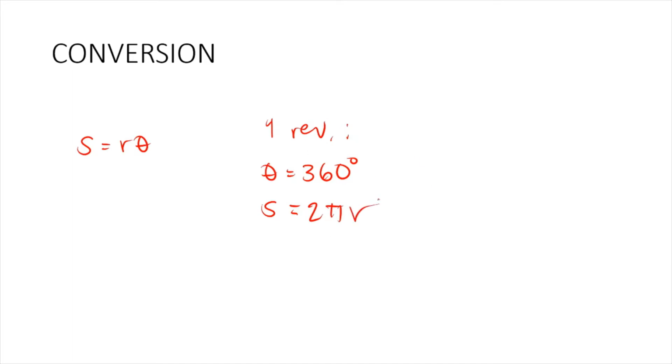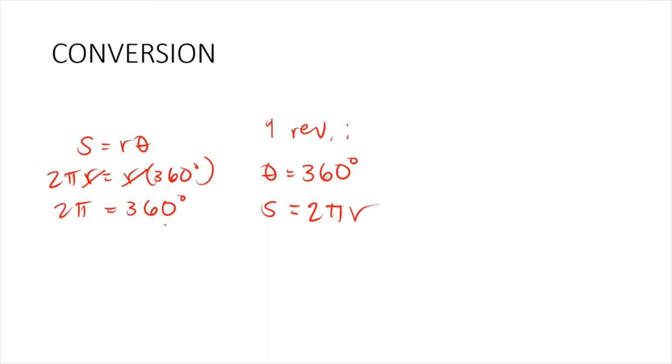So if we plug in the value of theta and the equivalent expression for the subtended arc, this equation becomes 2 pi r equals r theta, where theta is 360 degrees. Since we are talking about the same circle, the radius is equal, so we can cancel out the radius. Therefore, we are left with 2 pi equals 360 degrees.